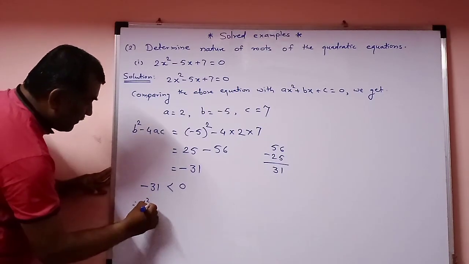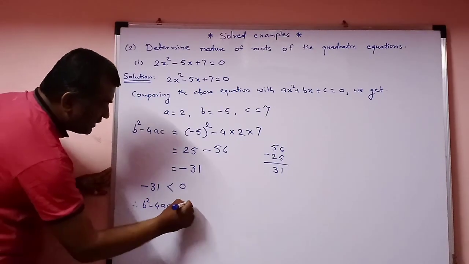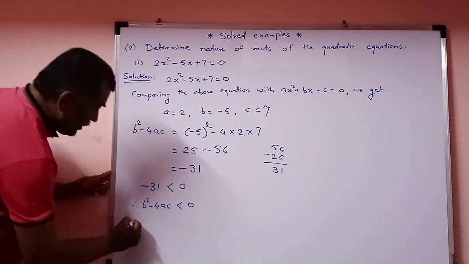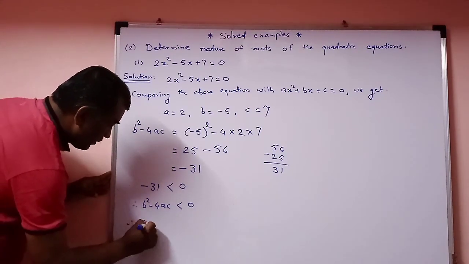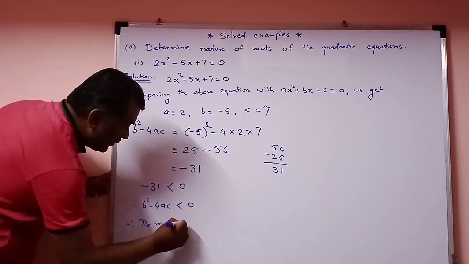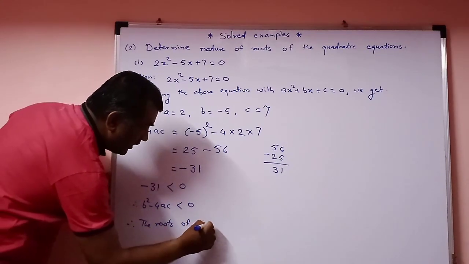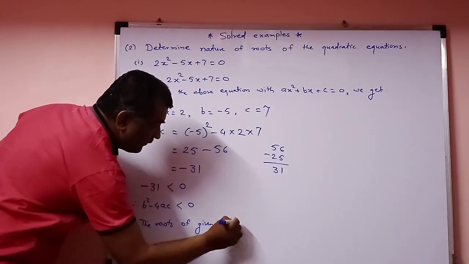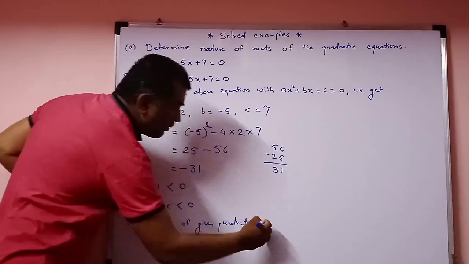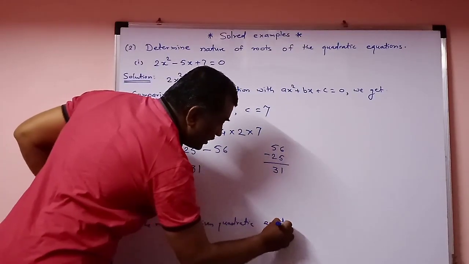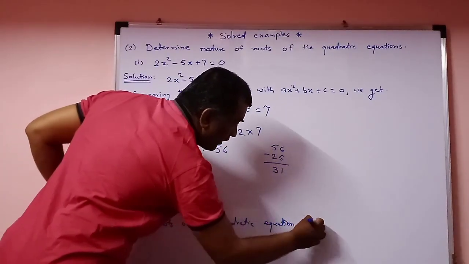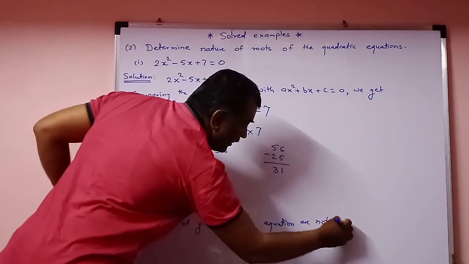Therefore, b square minus 4ac is smaller than 0. Therefore, the roots of the given quadratic equation are not real.